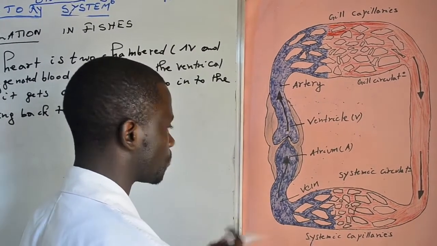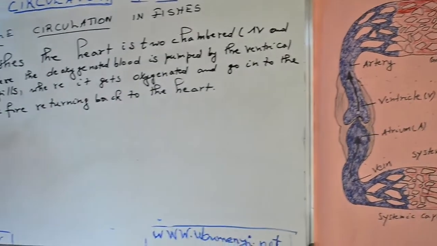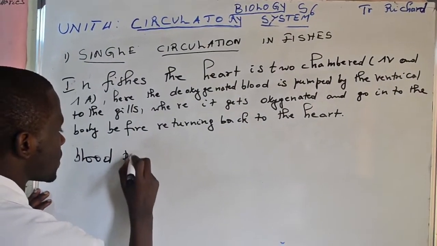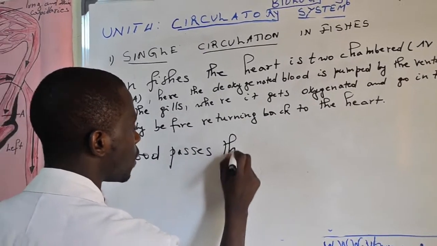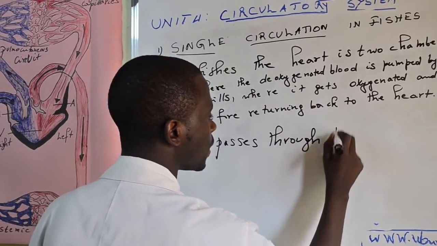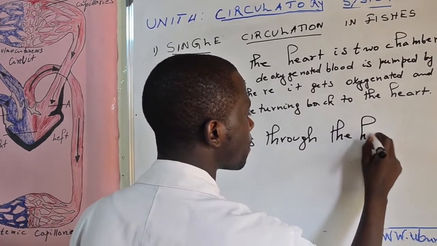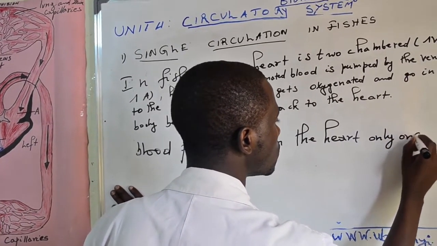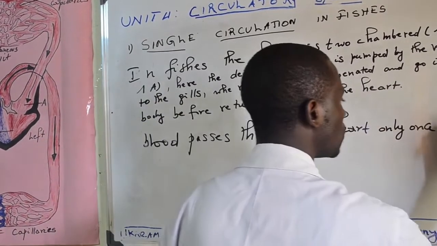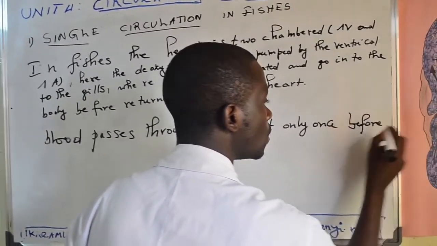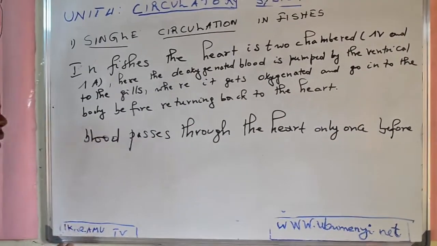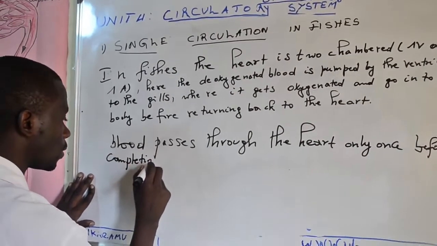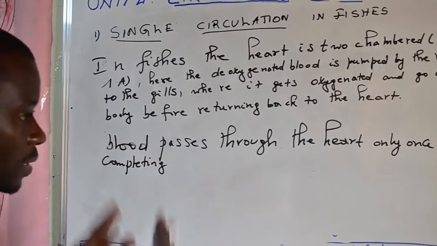This is for fishes, and something we can add here is that blood passes through the heart only once before completing the full circulation.